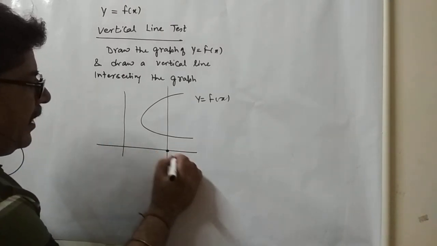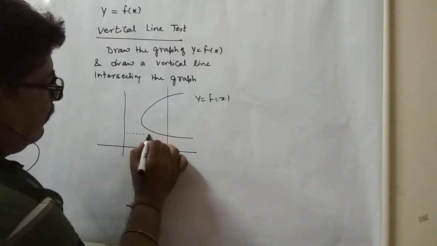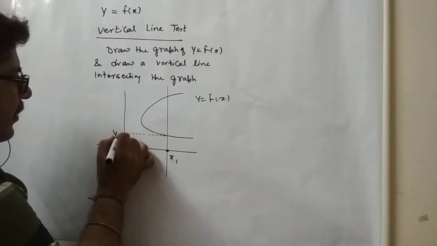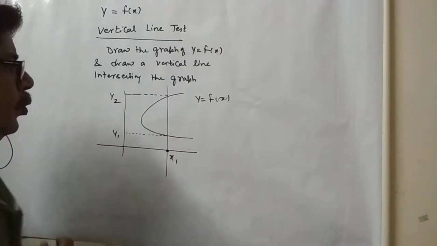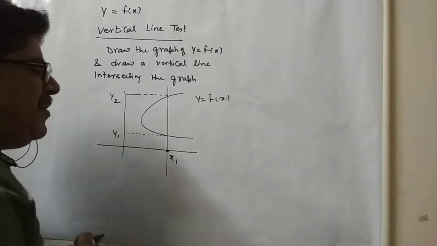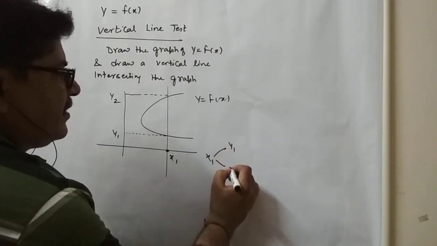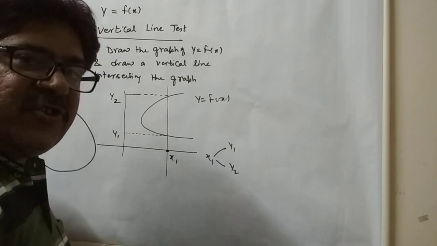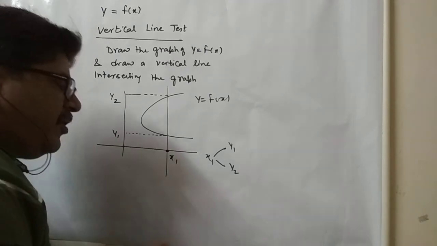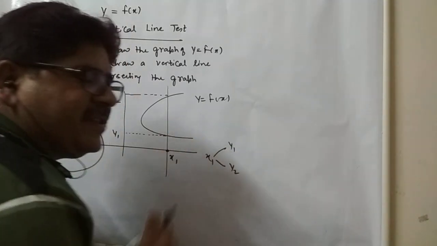Let this point be x1 and the y coordinate of this point as y1 and y coordinate of this point as y2. So this means what? x1 has 2 images. It is not possible for a real function, because for a real function, for each element of set A, there should be only unique image in set B.